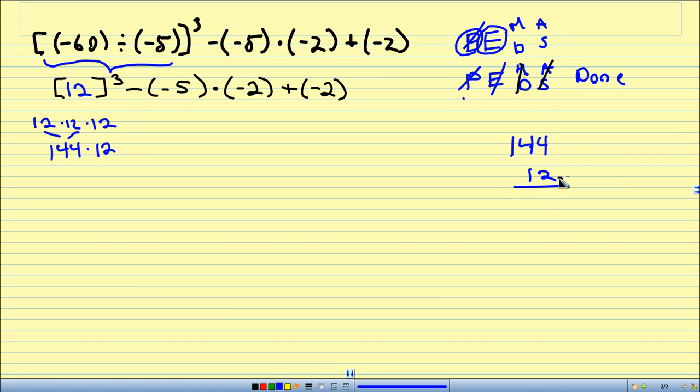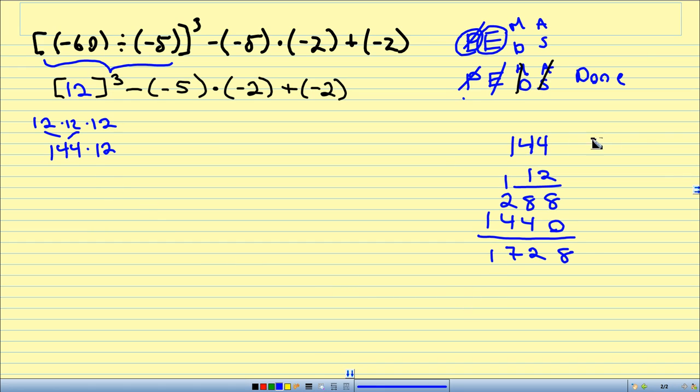144 times 12. 2 times 4 is 8. 2 times 4 is 8. 2 times 1 is 2. Placeholder. 1 times 4 is 4. 4 and a 1. And I'm going to add it up. So I have 8, 2, carry the 1. That ends up being 7.